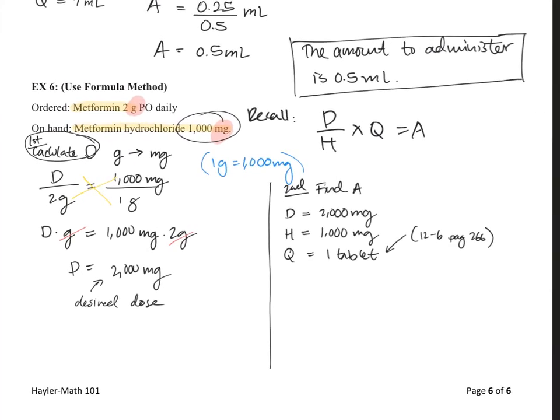That was the unit. Let's plug this into the formula. Oops, I said that wrong. It's D divided by H, times Q, which is 1 tablet.